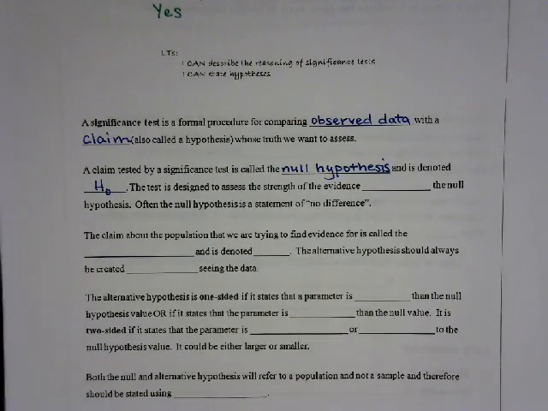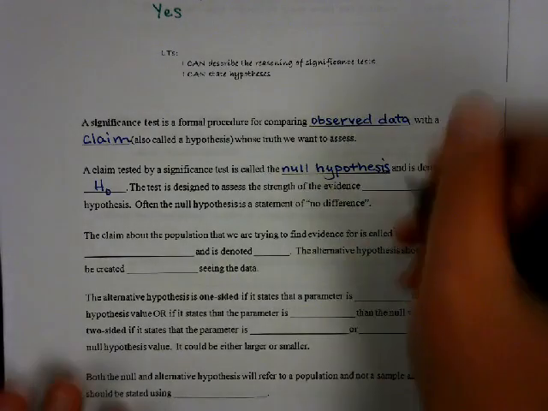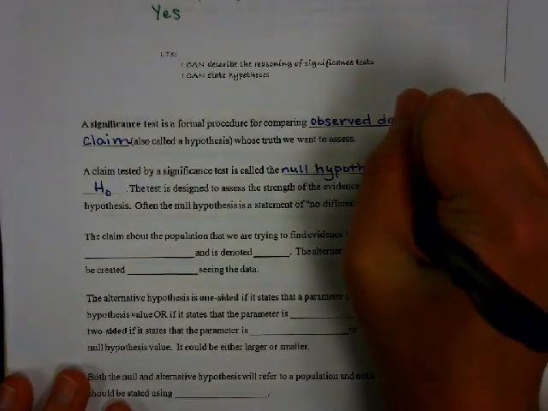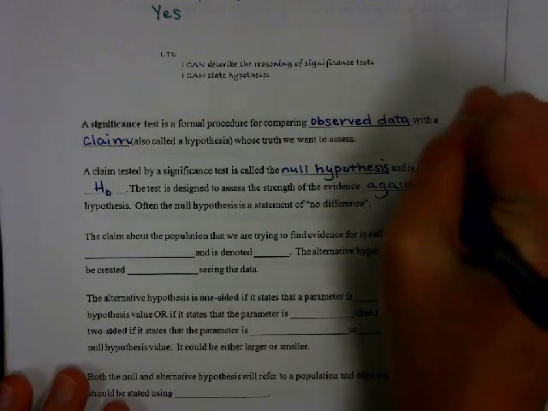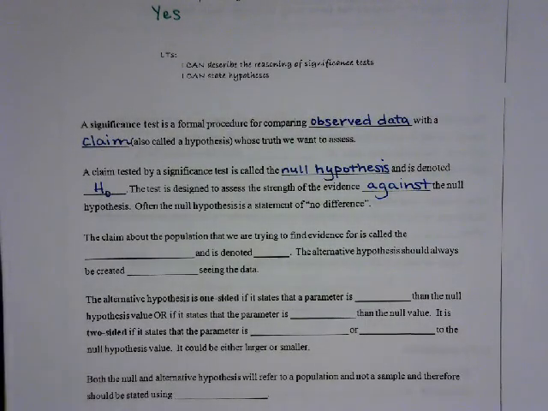Similar idea, but we say H null in this class. The test is designed to assess the strength of the evidence against the null hypothesis. Often the null hypothesis is a statement of no difference.